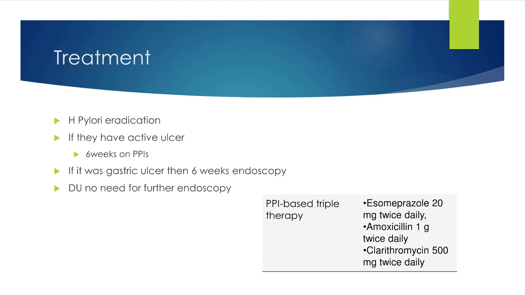And the main reason is to exclude gastric cancer in this situation, because non-healing ulcer will raise the suspicion of adenocarcinoma of the stomach, and we need to take thorough biopsies from the area around the ulcer and the ulcer itself. Thanks.